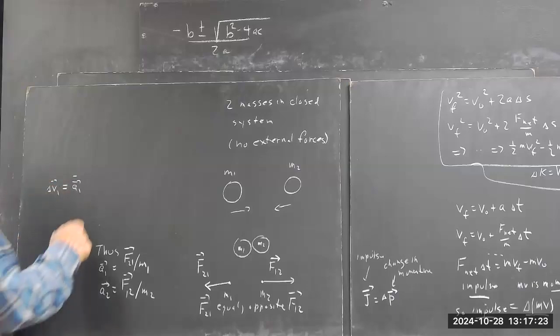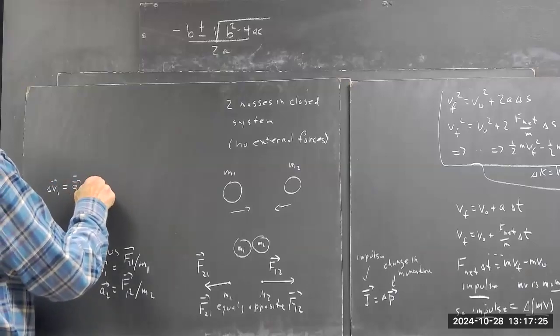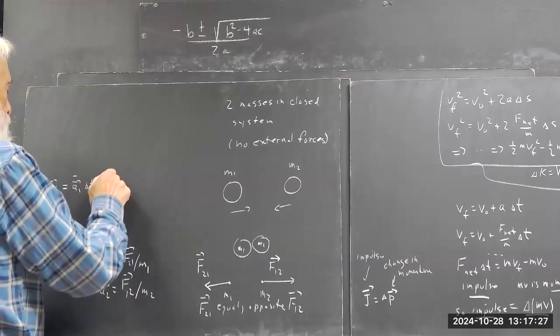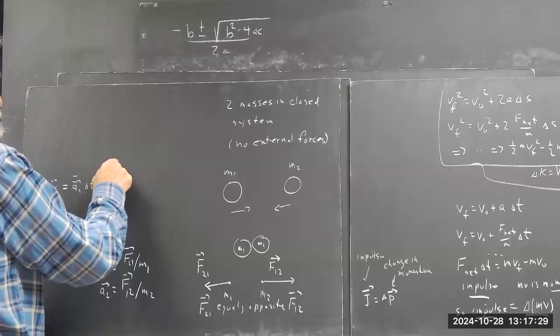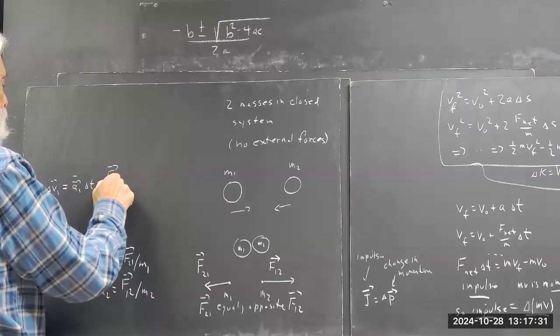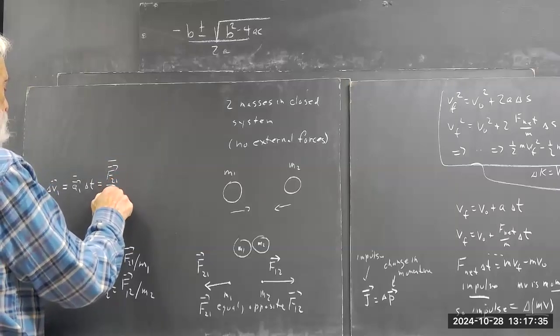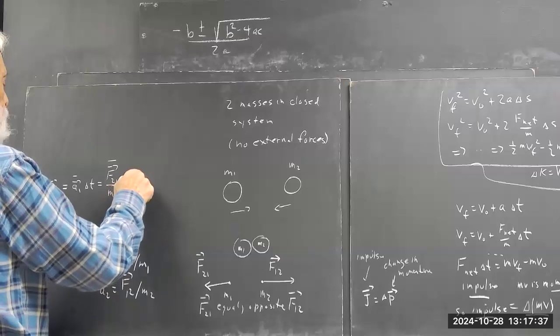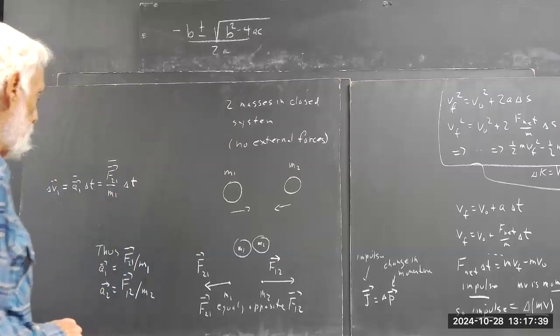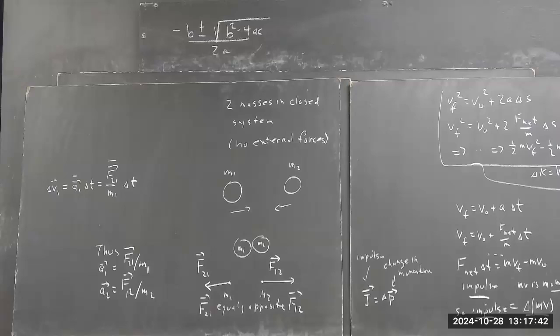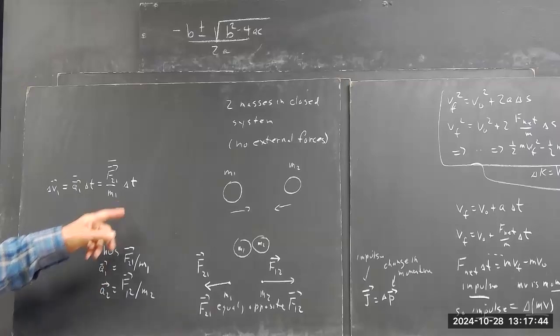I'll say A1 bar delta T, which is F21 bar over M1 times delta T. What's delta T?